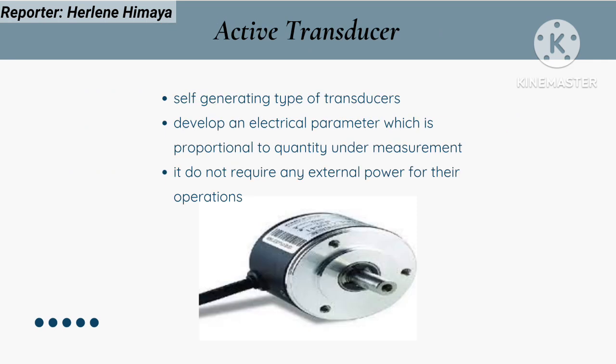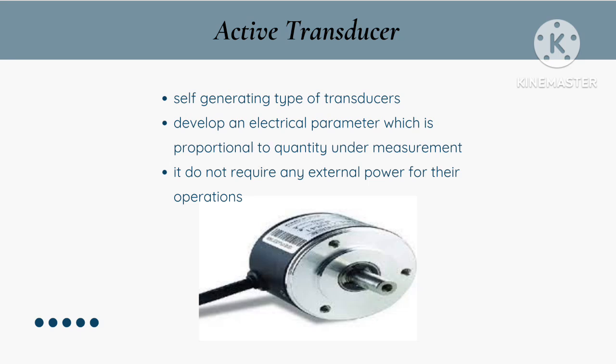So, good day everyone. An active transducer is a self-generating type of transducer. It develops an electrical parameter which is proportional to the quantity under measurement. It does not require any external power for its operation. An active transducer is a device that directly converts a physical quantity, such as pressure, temperature, or motion, into an electrical signal without requiring any external power source.